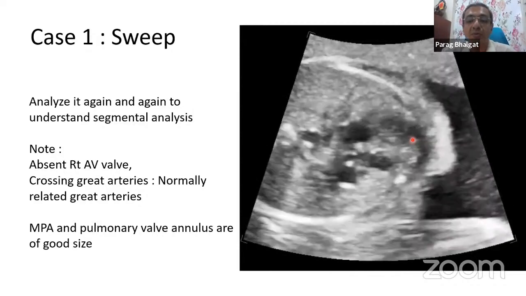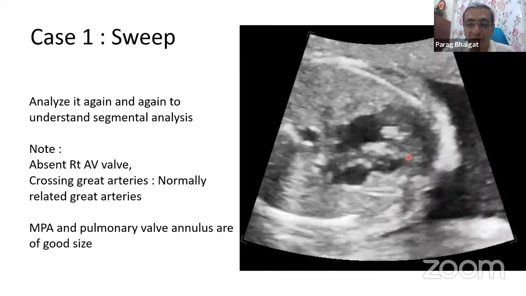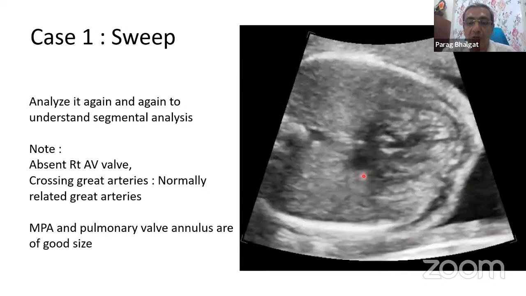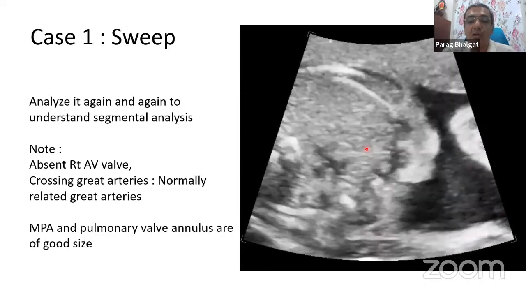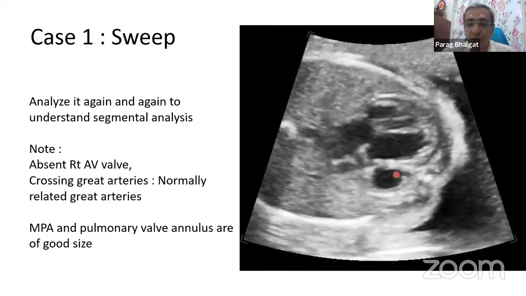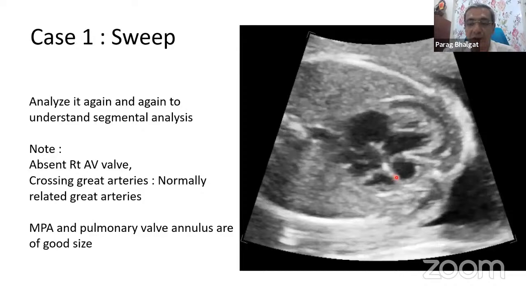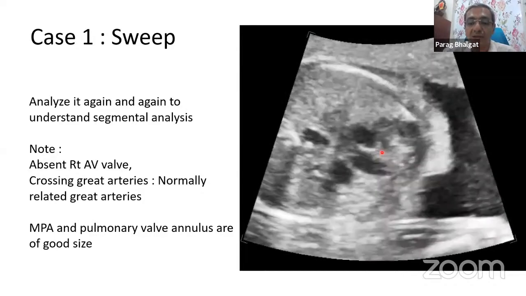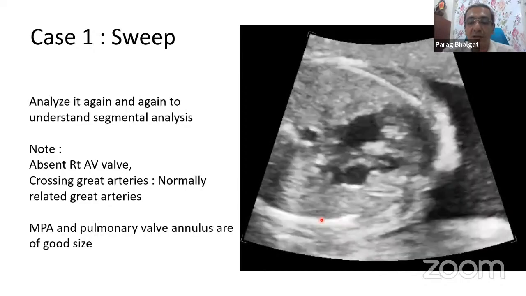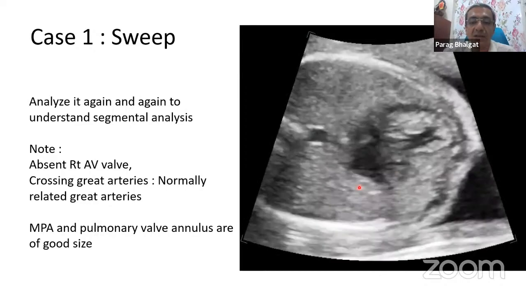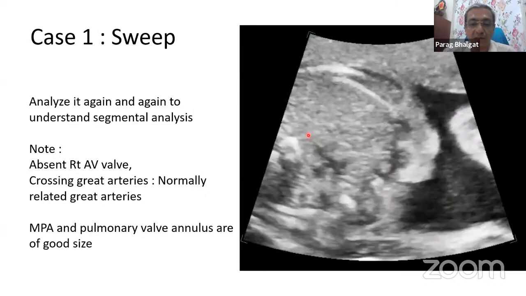Now this is the sweep of tricuspid atresia. Now we see dominant left ventricle, only one AV valve. There is a right ventricle which is small. There is no feeder from AV valve to right ventricle. Aorta arises from left ventricle and PA arises from right ventricle. This is aorta from LV, PA from RV. We will see all the lesions; the left aortic arch, and they all form confluence here, duct here.